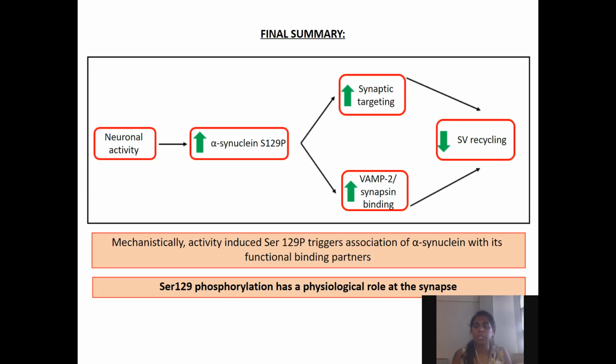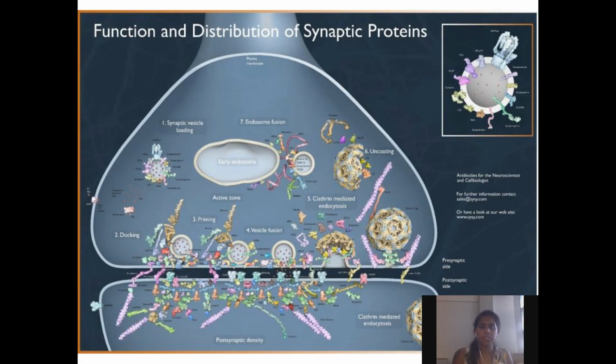Typically, multiple proteins work together in the process of synaptic vesicle recycling to coordinate exocytosis, fusion, and also endocytosis. So we showed that phosphorylation of a single residue in alpha-synuclein regulates its binding to different partners, VAMP2 and synapsin.